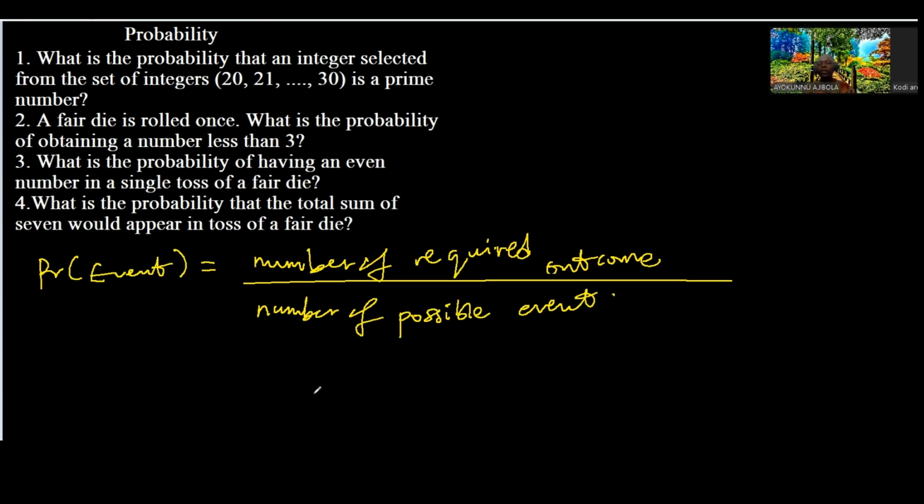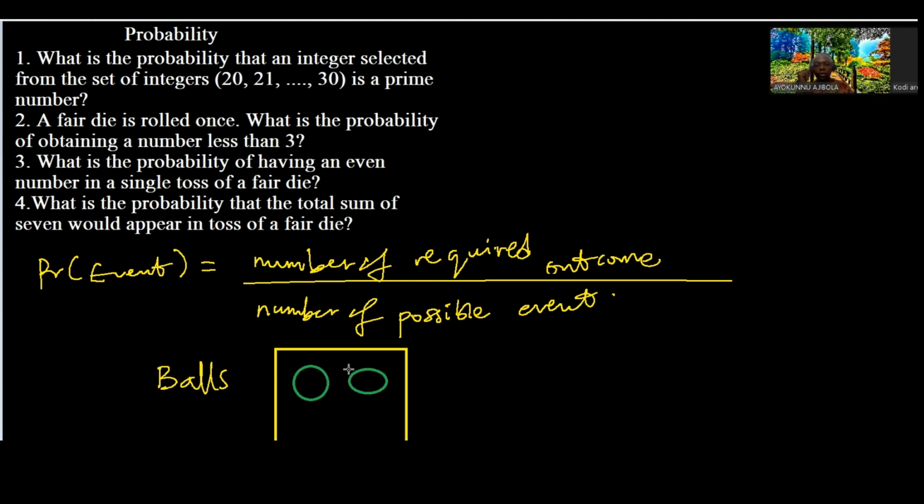For example, if I say there are three balls in a basket, let's say, or in a carton. This is a carton. There are three balls in a carton, and out of the three balls, two are green and one is blue.